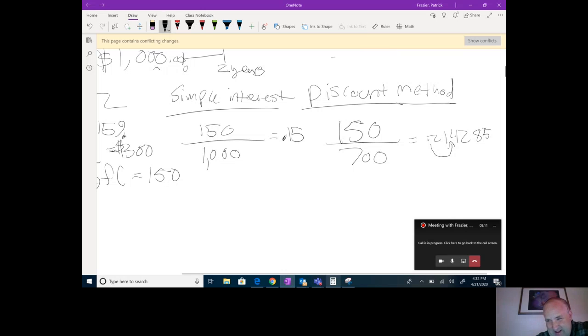It's a repeating decimal, but we're going to round. If I round to two places, that 8 is greater than 5. So I'll just say that it's approximately equal to 21.43%.